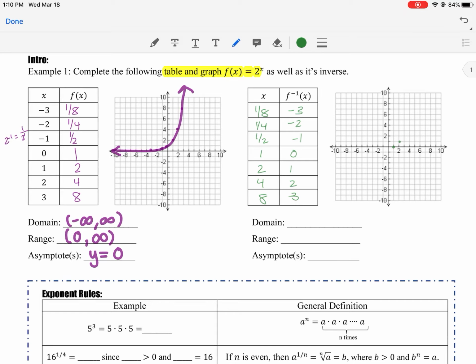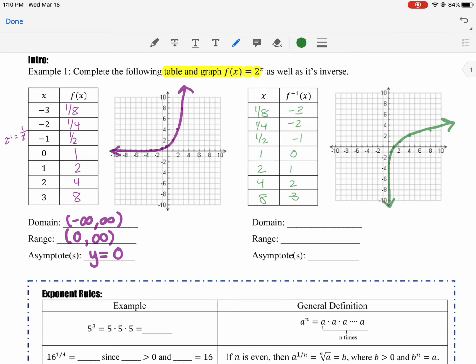So we end up with something that looks like this. Notice that it is a reflection over the line y equals x.